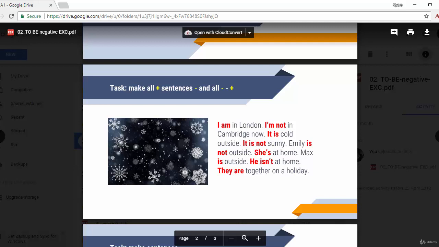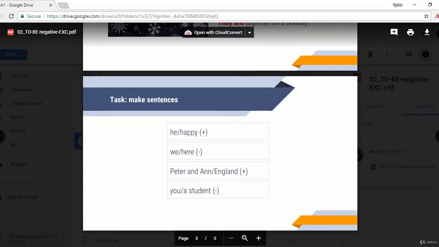Okay? You have a negative sentence, you make it positive. Positive sentence, you make it negative. And the second exercise, you need to use these words and to write a positive sentence if there is plus and a negative sentence when there is minus. Good luck.